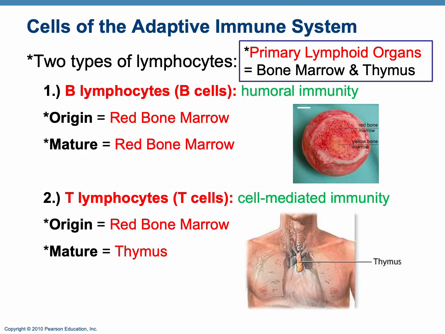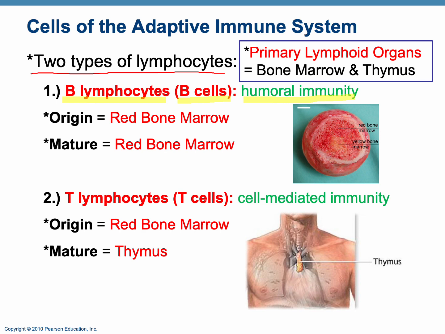We shift gears. We've looked at two major categories of antigens, but now we're going to look at two major types of lymphocytes that are important to know. First, B lymphocytes, also known as B cells. They play a very important role with humoral immunity.